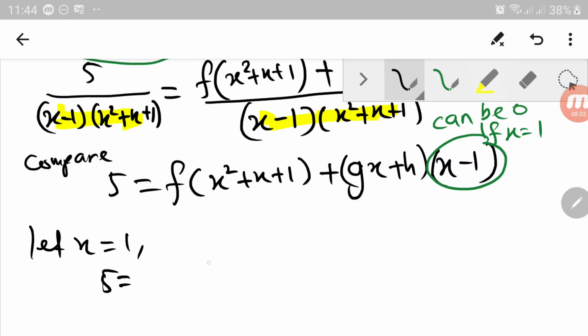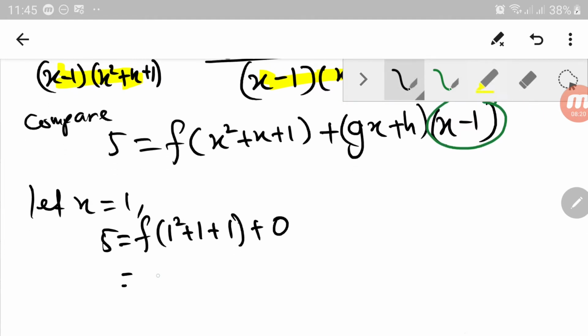So we have 5 equals f times 1 squared plus 1 plus 1, plus g. Now the green bracket will be 0, so the multiple of it also becomes 0. So clearly from here we have f is 5 over 3.